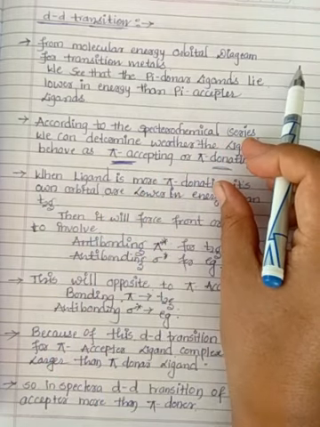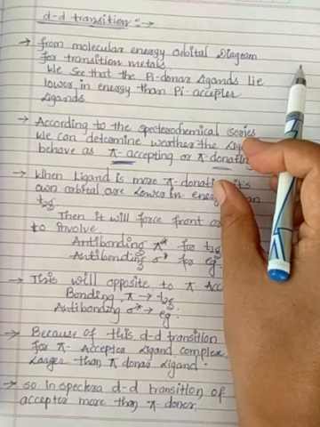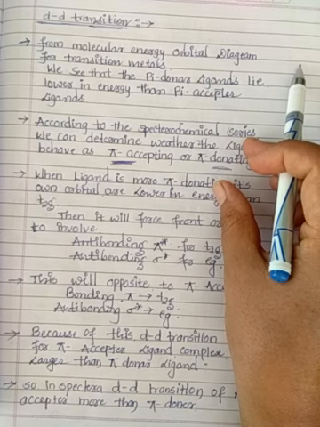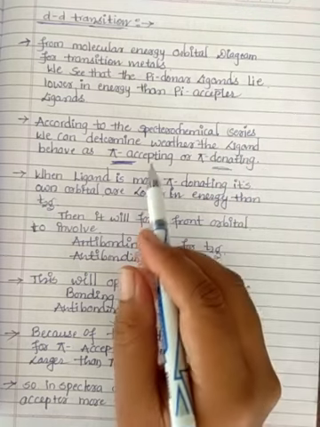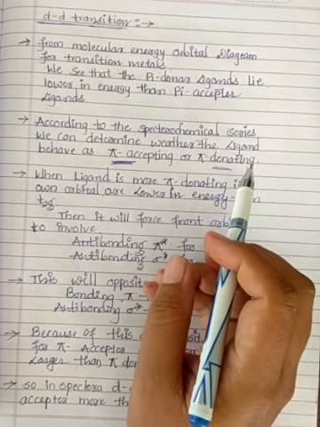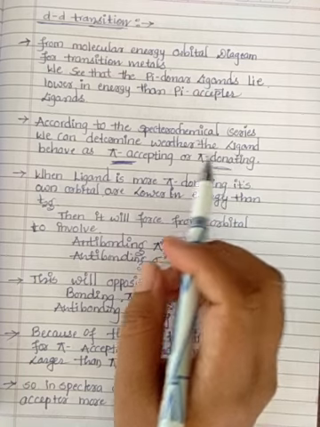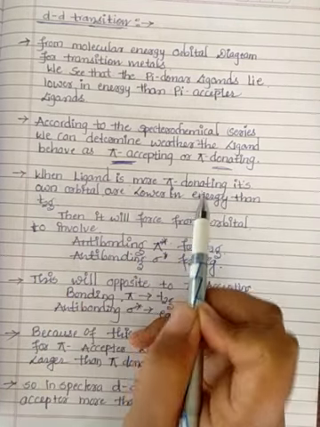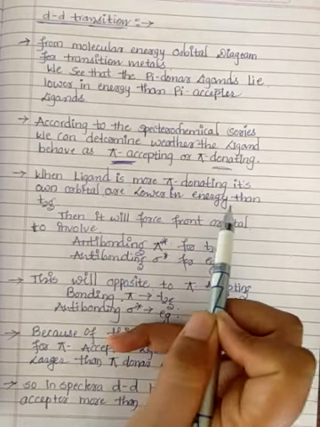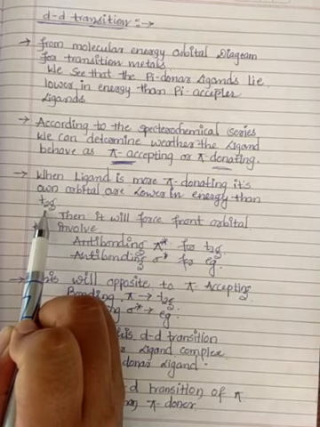The spectrochemical series, we have already learned, is the arrangement of ligands in increasing order of ligand field splitting energy, and we can determine whether a ligand behaves as pi accepting or pi donating. Now the next term: when a ligand is pi donating, its own orbitals are lower in energy than those of t2g.